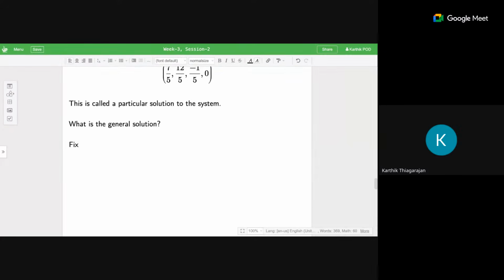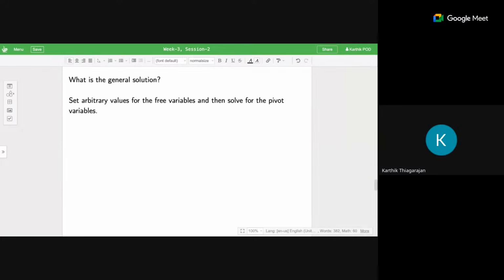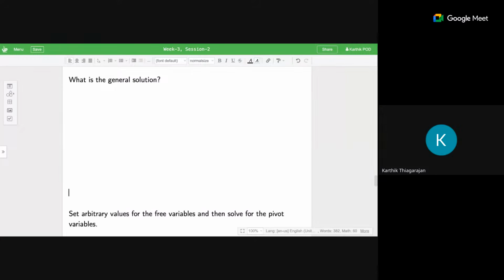So the idea is to set arbitrary values for the free variables and then solve for the pivot variables. So that's correct. Now we look at a slightly different approach, which gives you a sense of the structure of the solution space, right?